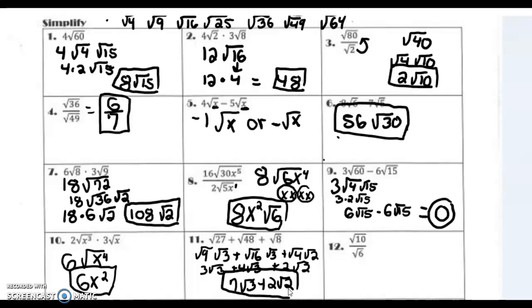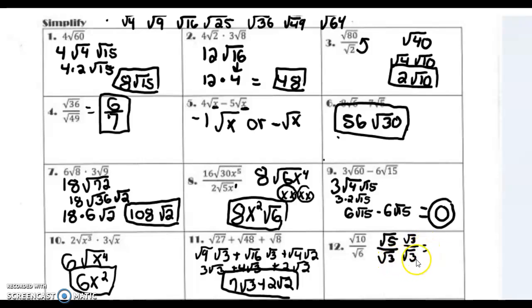Last one's division. Alright? Now, you'll notice these are even numbers, so I want to simplify this first before I see if I have to do that rationalization that we learned about. Alright, so since they're even numbers, half of 10 is 5. Half of 6 is 3. We still have a radical on the bottom, so we're going to multiply the top and the bottom by radical 3, right?